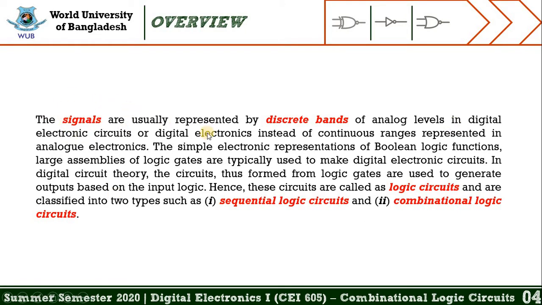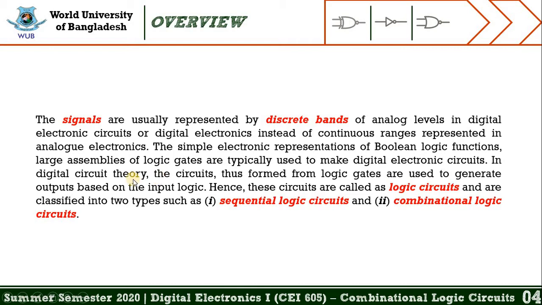The signals are usually represented by discrete bands of analog levels in digital electronic circuits, or digital electronics, instead of continuous ranges represented in analog electronics. The simple electronic representations of Boolean logic functions, large assemblies of logic gates, are typically used to make digital electronic circuits.